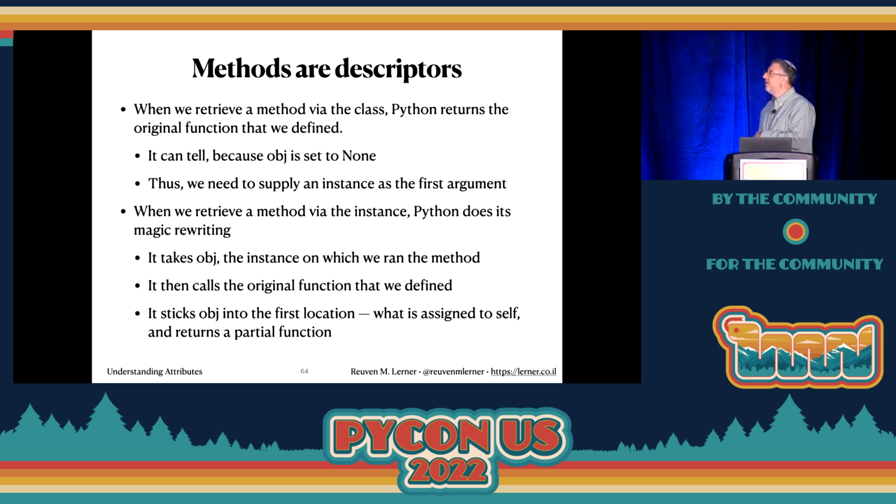So here's the thing. You use descriptors every single day because methods are descriptors. When we retrieve a method via the class, Python returns the original function, and it can tell because obj is set to none. So we need to supply an instance as the first argument.